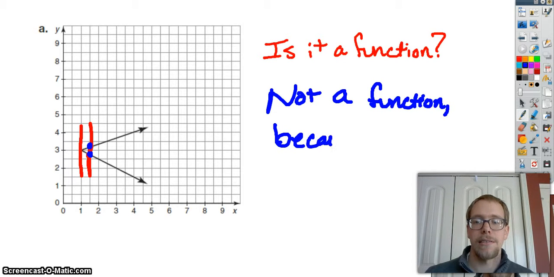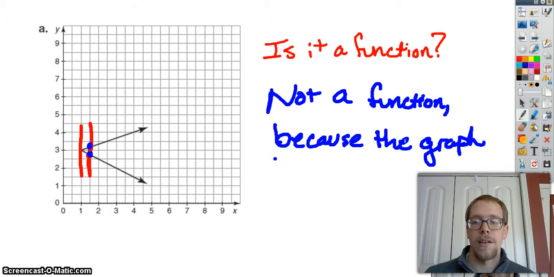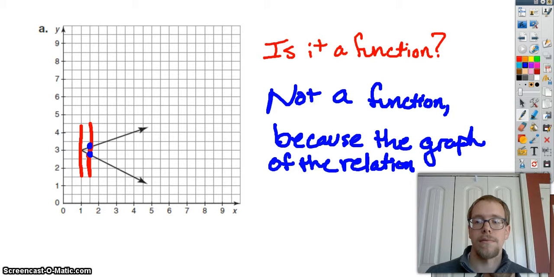Because the graph of the relation fails the vertical line test.